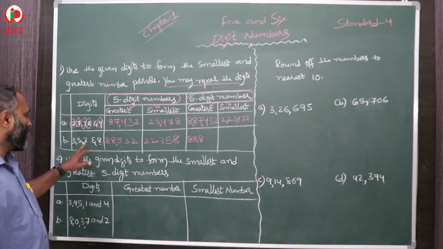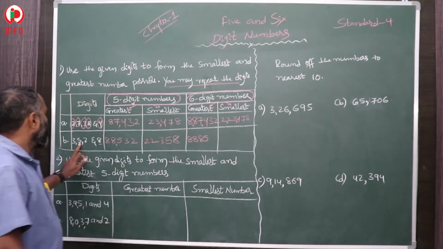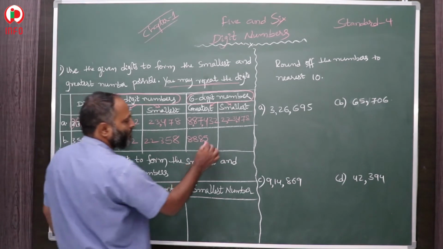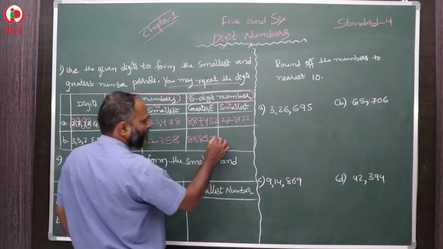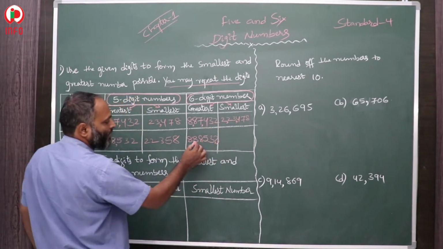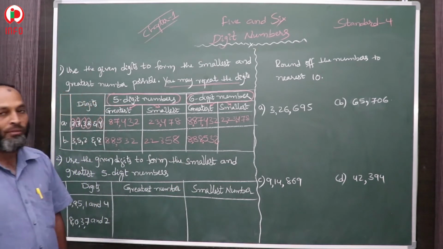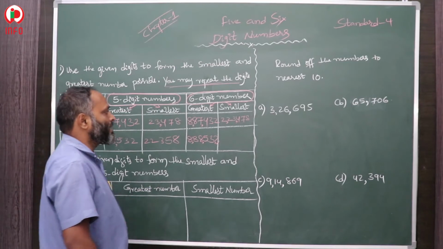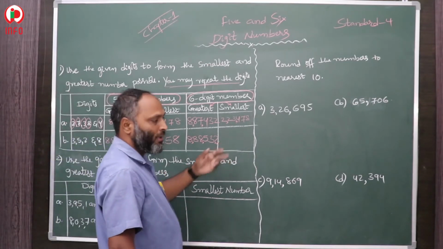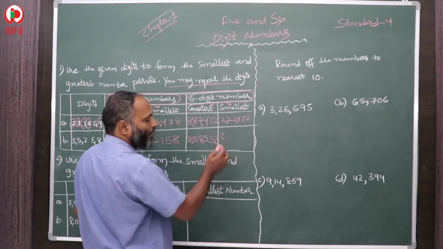Then after that, smaller than 8 is 5, smaller than 5 is 3, and smaller than 3 is 2, that is 8,88,532.